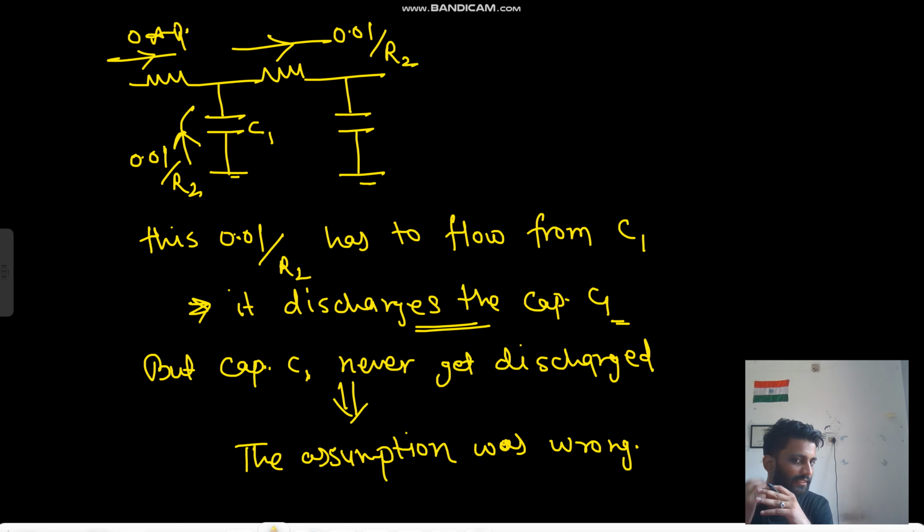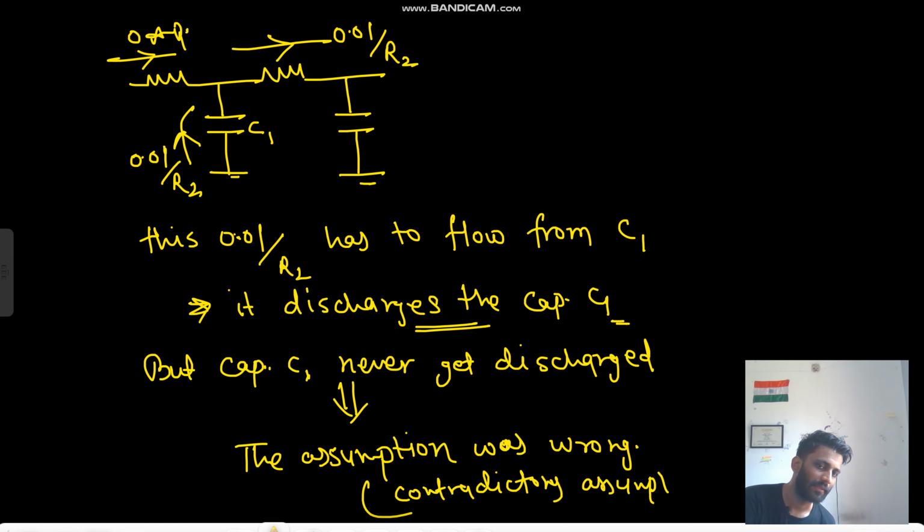You are saying C1 has reached the steady state, and now you are saying C1 is discharging. This is not possible. So this is a contradictory assumption.